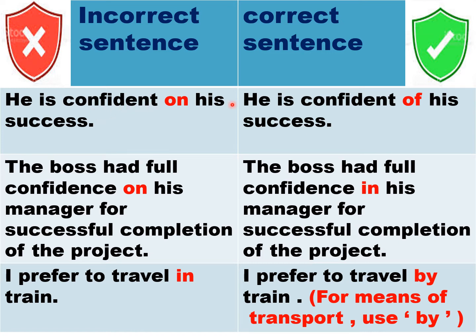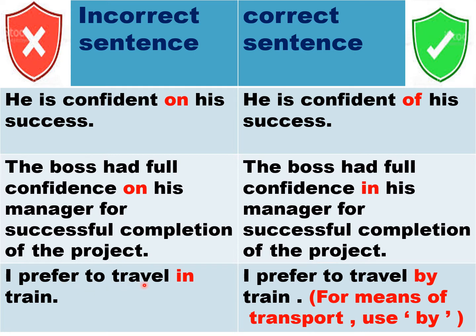That's why he is confident of his success is right. The boss had full confidence on his manager for successful completion of the project. Here, the boss had full confidence in his manager. He had full trust in his manager. So, the boss had full confidence in his manager for successful completion of the project is right.